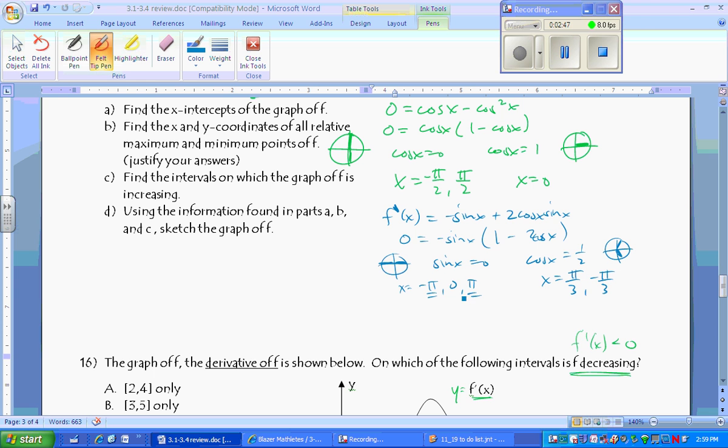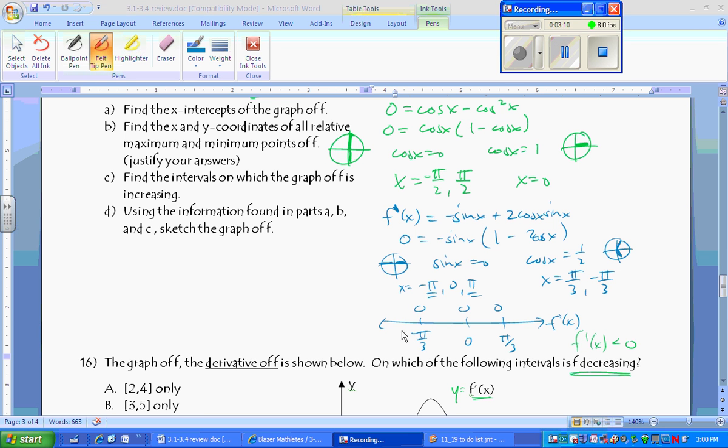So we can figure these out, whether they're minimums or maximums, on a number line for the first derivative. So we've got negative pi over 3, 0, and pi over 3. So we need to plug in some values to figure out where things are positive and negative.